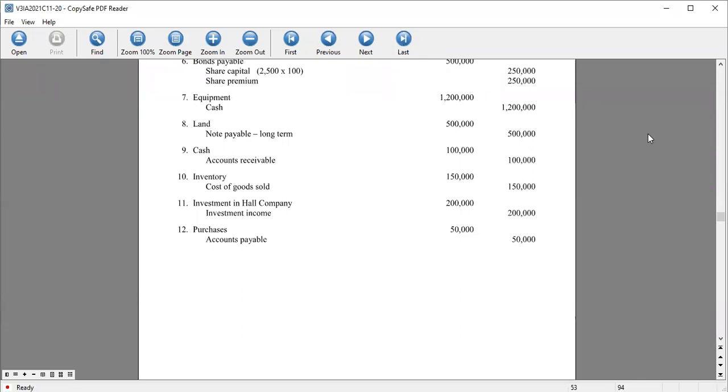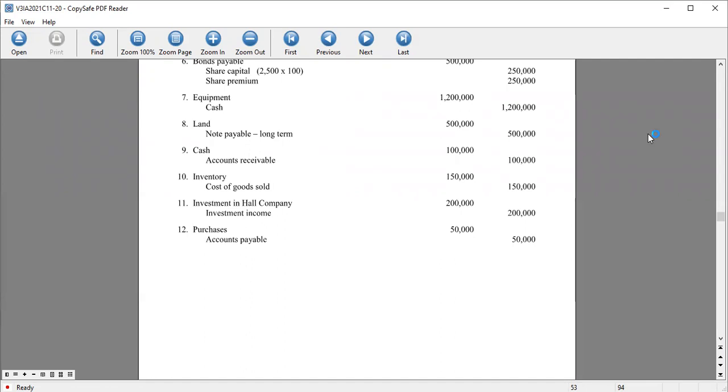Then we debit investment in whole company for 200,000 and credit investment income. Now, originally, the investment account had a balance of 2 million and now 2.2 million, meaning there was an additional acquisition of investment, or there is an increase in the value of the equipment, no?